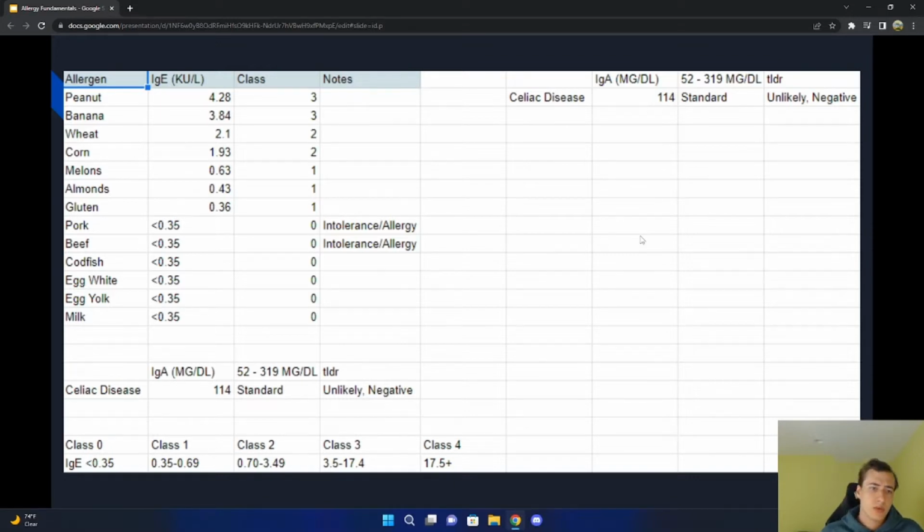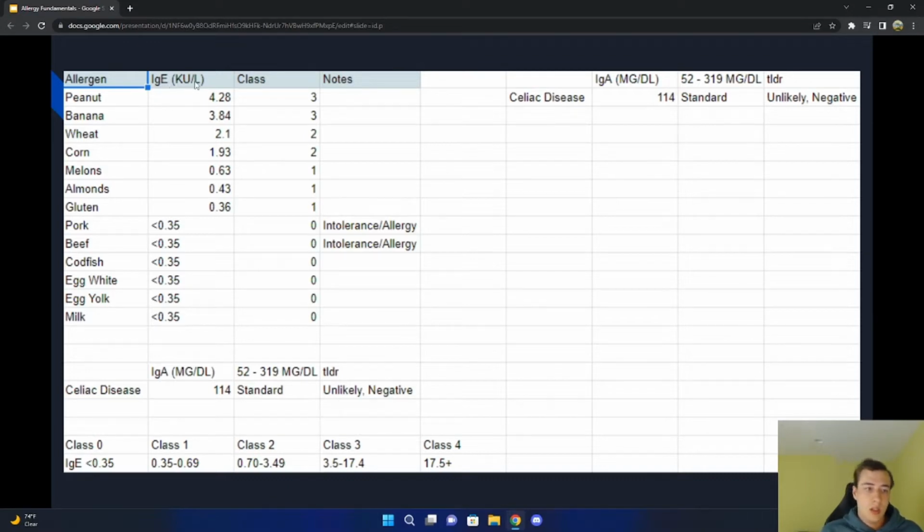And the doctor will give you this and they'll tell you, oh, you're allergic to these foods and these are some of the numbers, and that's that. But it's hard to understand exactly what's going on. And how can you know other things that you're allergic to if this is the only foods that you were tested on? So let's try to understand a little bit more about the data here.